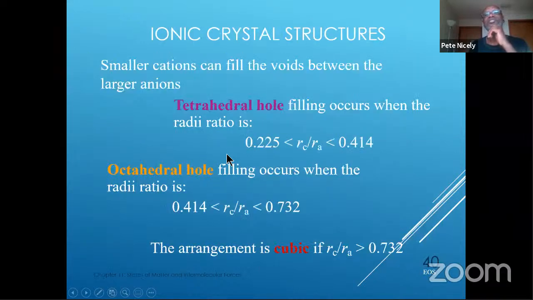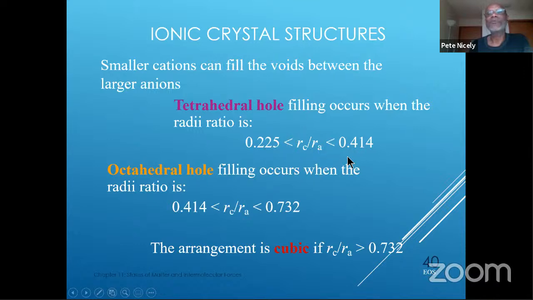So which ionic structures tend to adopt the different types of structures? Well, it depends, as you can see here, on the ratio of the cations to the anions, right? As stated here, smaller cations can fill the voids between the larger anions. When it comes to tetrahedral hole filling, the ratio of cations to anions would be from 0.225 to 0.414, right?